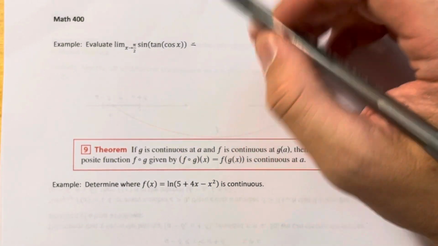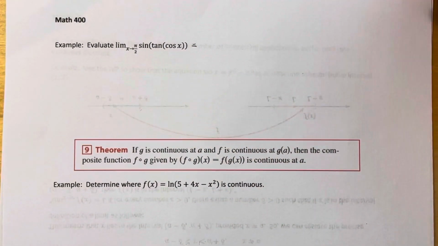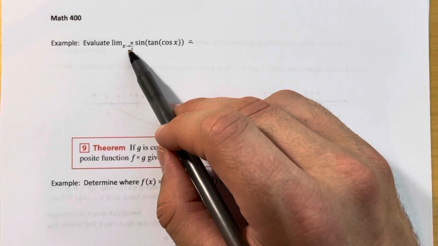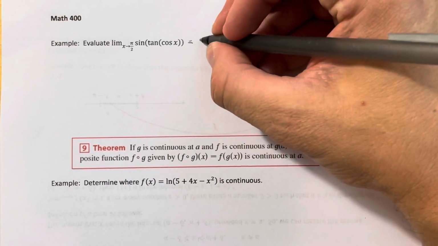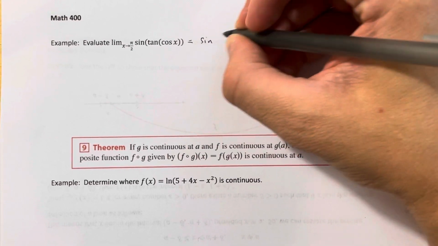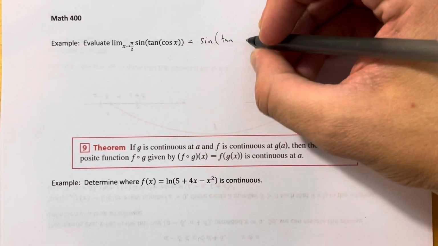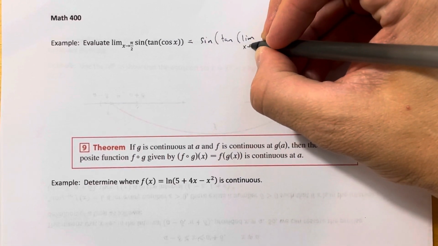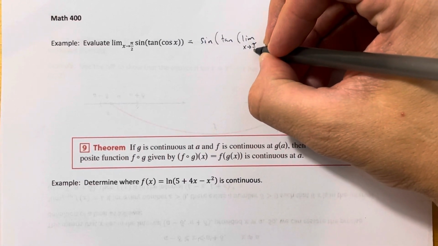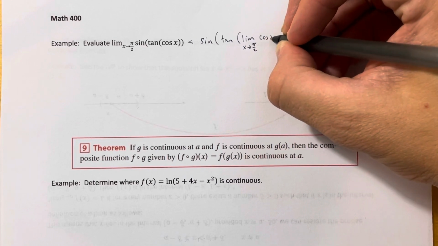The cosine function is continuous everywhere, because it's defined everywhere. So I could bring that limit in, and then in further to that cosine of x. I'm going to get sine of tangent of the limit as x approaches pi over 2 of cosine of x.